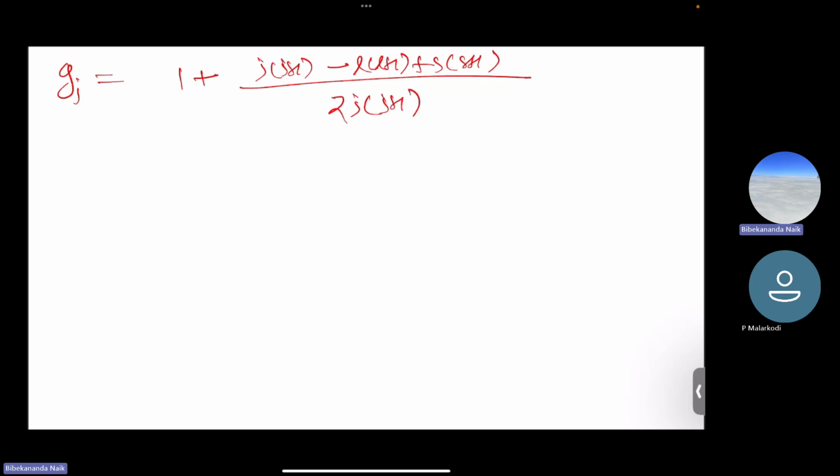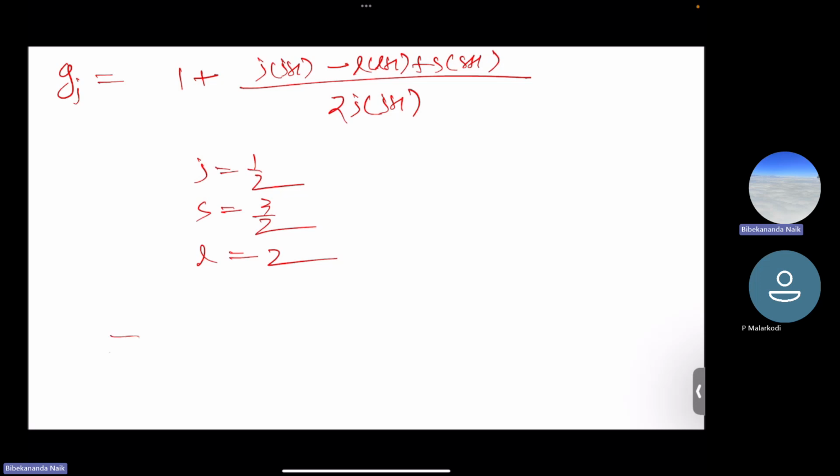So in this case, j is 1 by 2, s is 3 by 2, and l for d subshell is 2.